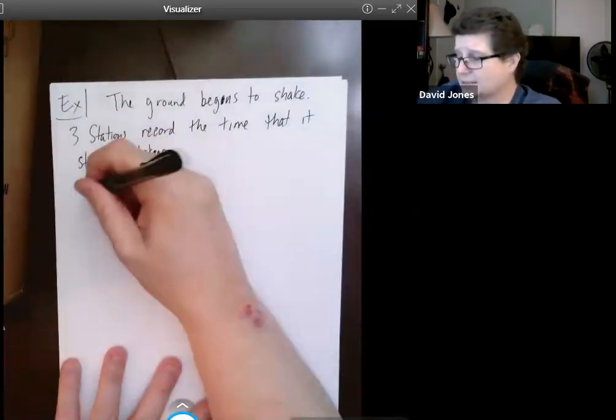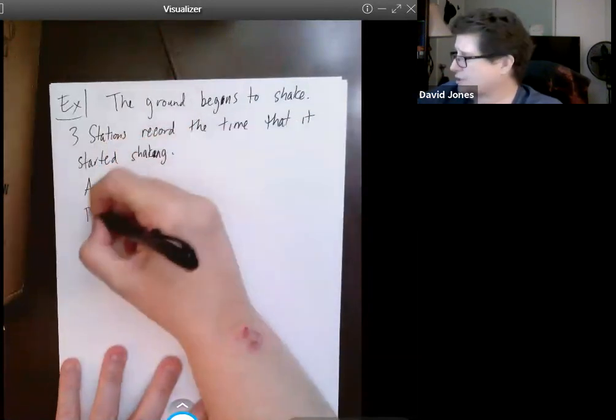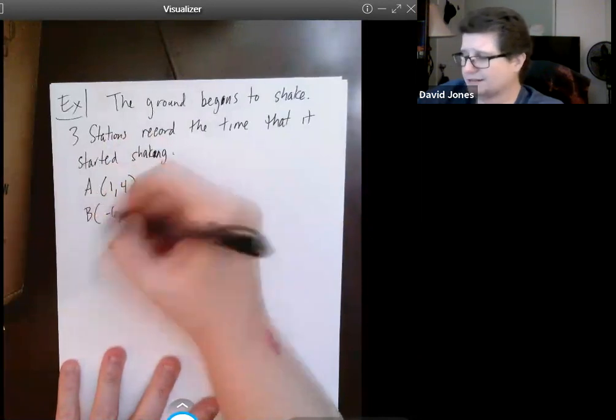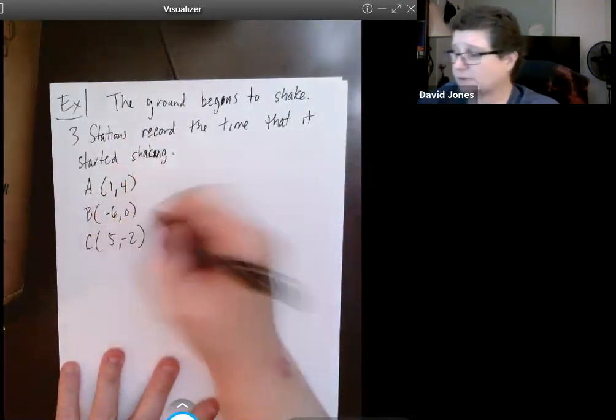Station A is at (1, 4). Station B is at (-6, 0). Station C is at (5, -2).